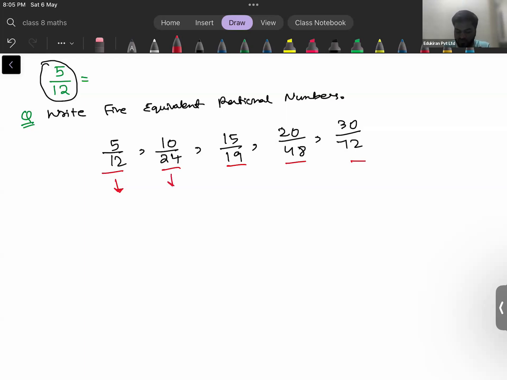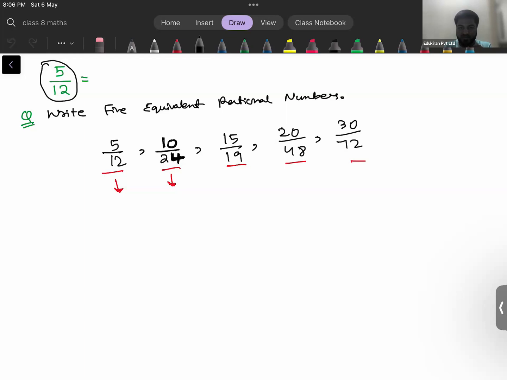What is the simplest form of 10 upon 24? 1 upon 2? How come 1 upon 2? The number is 10 upon 24.